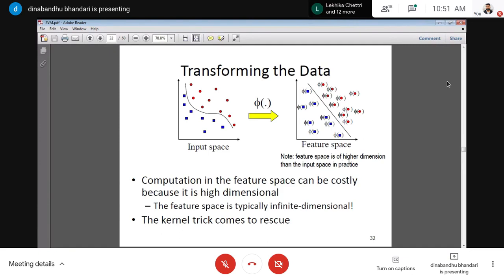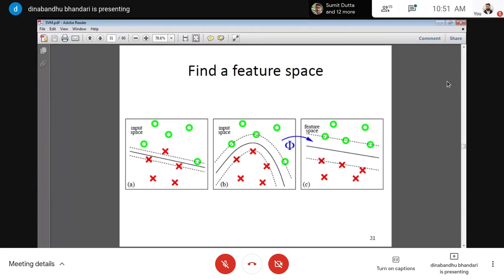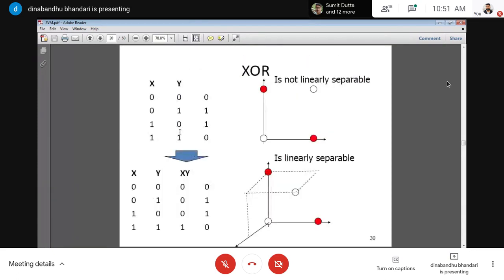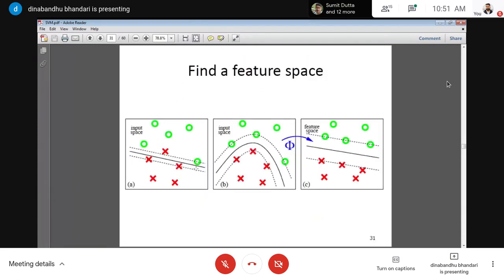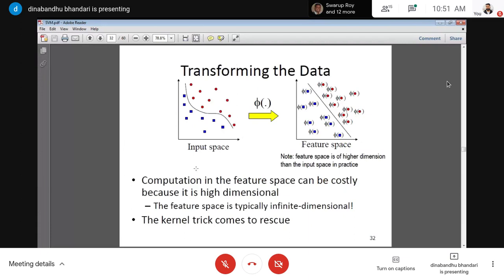The feature space is of higher dimension than the input space in practice, but it may be of the same dimension. Obviously, you cannot lower it; dimension cannot be lowered, and the data will be linearly separable. But the problem is what this phi is. God knows, frankly speaking. But for simple problems like XOR, in simple data, looking at the data maybe we can come up with it.